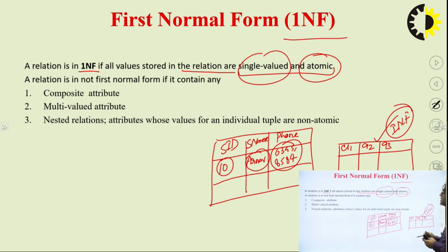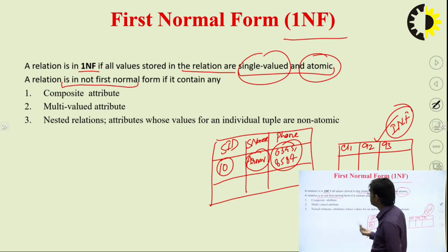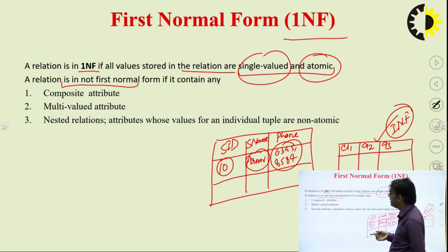What are some more conditions to tell whether a given table is in first normal form or not? Let's suppose a relation R with attributes A, B, C is given. There are some conditions.